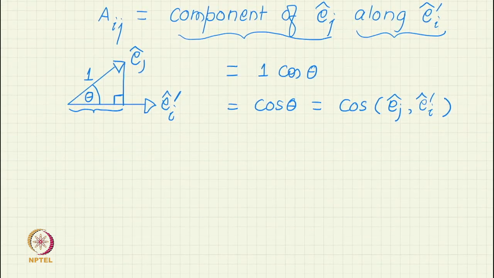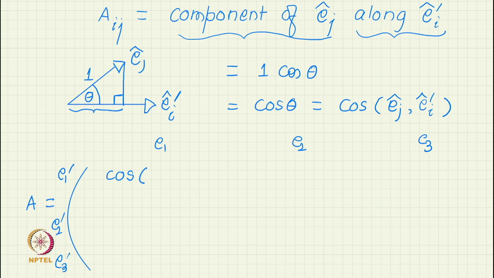So, we can write our A matrix. Notice that these are E1 prime, E2 prime, E3 prime, and here we have E1, E2 and E3.